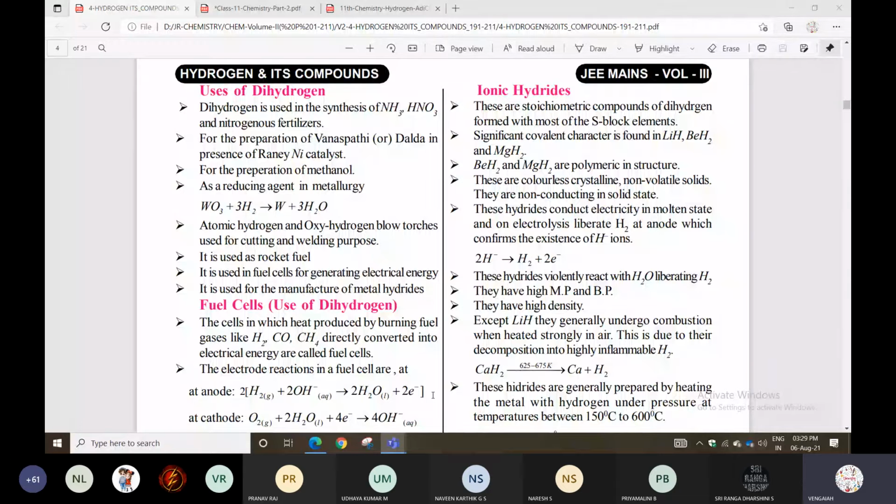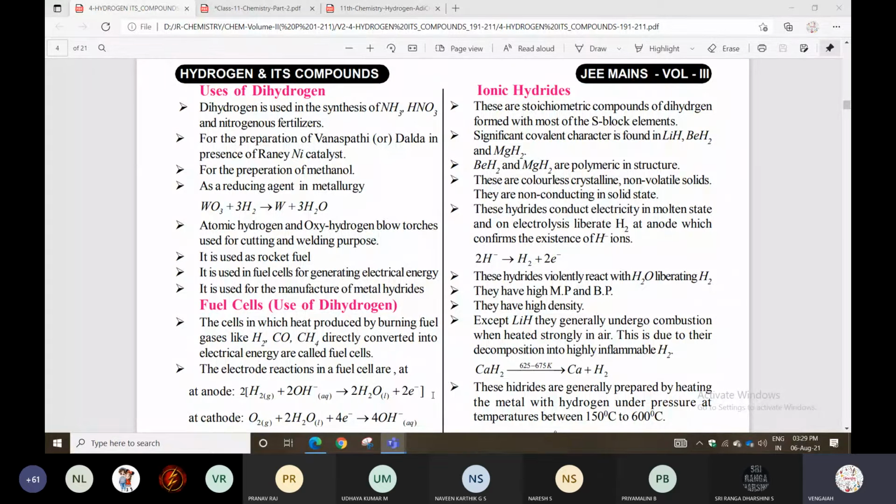You know what s-block elements are: alkali metals and alkaline earth metals. A significant covalent character is found in lithium hydride, beryllium hydride, and magnesium hydride. These are all colorless, crystalline, non-volatile solids.